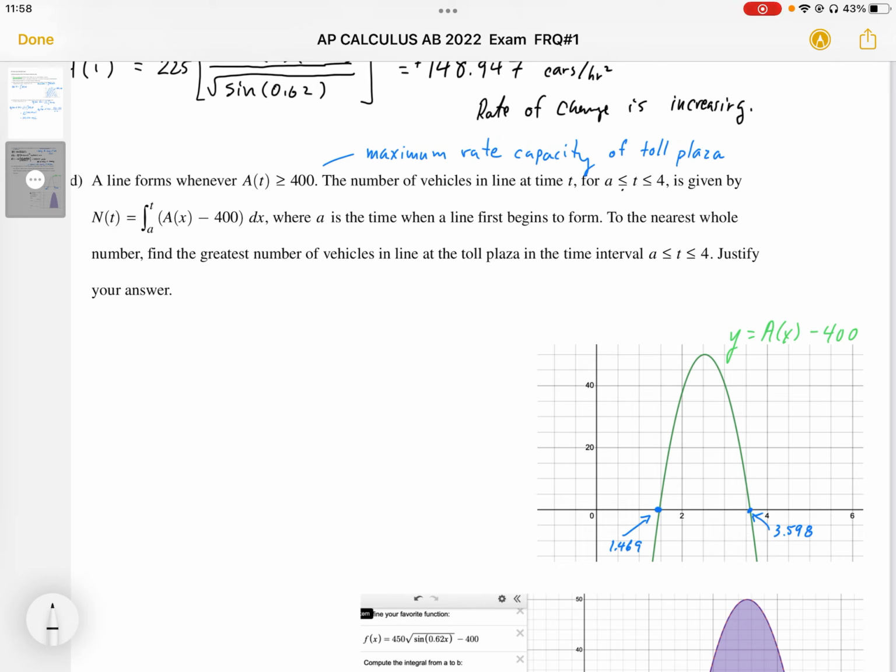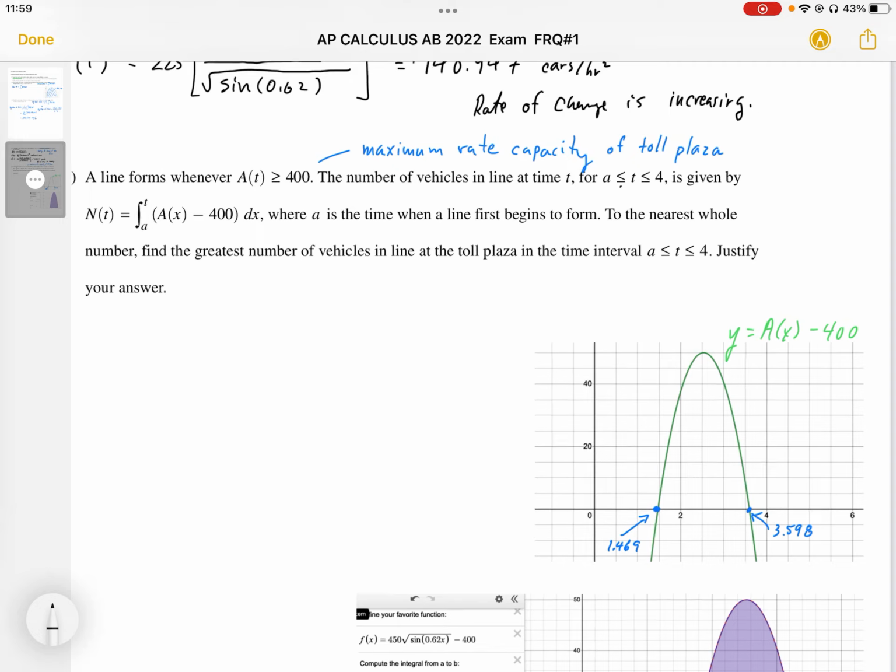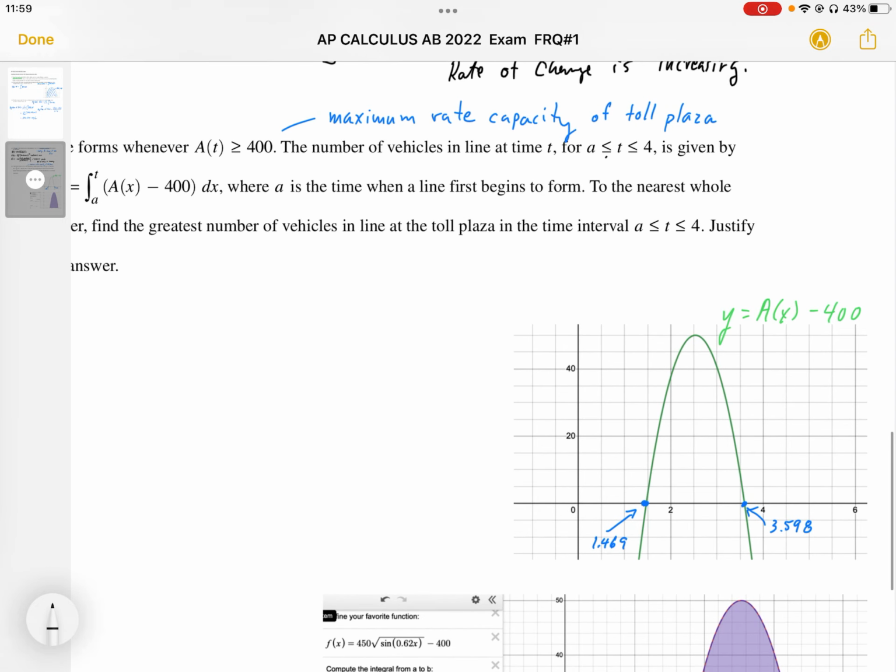It's going to be backing up from 1.469 hours to the other point, which is 3.598 hours. After that time, A is going to be less than 400, so we're going to be able to process all those cars through that toll plaza, and the lineups are going to diminish from there.